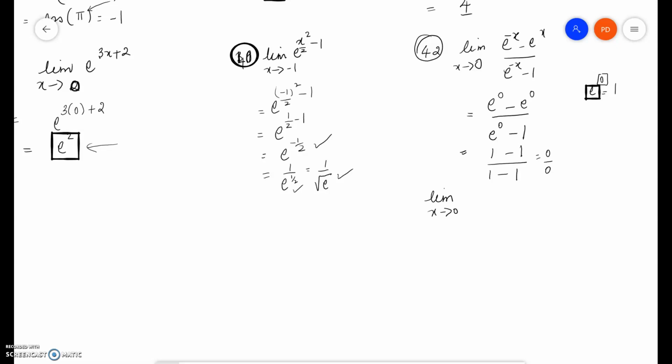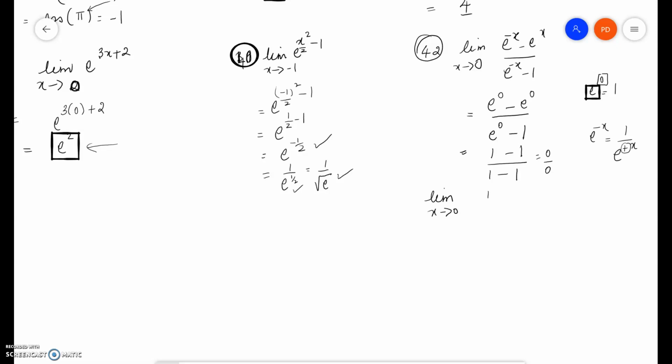So we have the limit as x approaches 0. Remember that e to the negative x is the same as 1 over e to the x. The negative becomes positive when you move a number from the numerator to the denominator. The sign of the exponent changes.